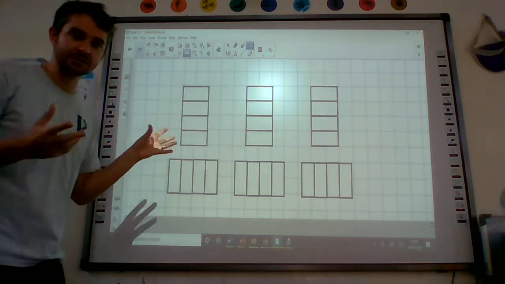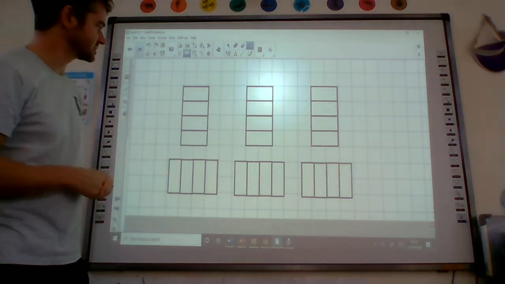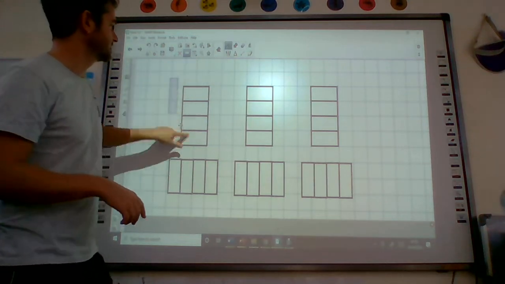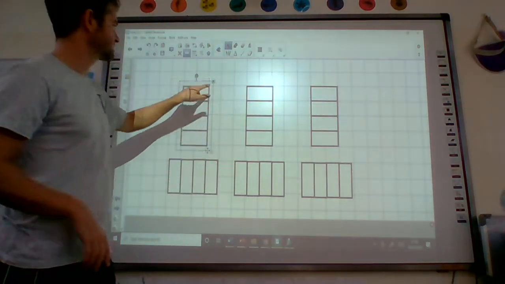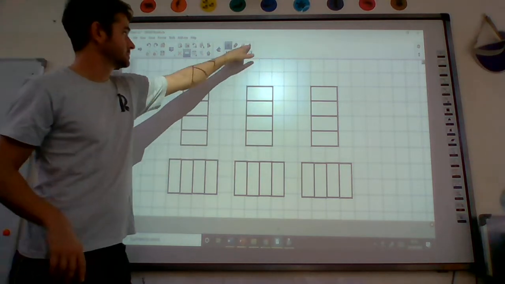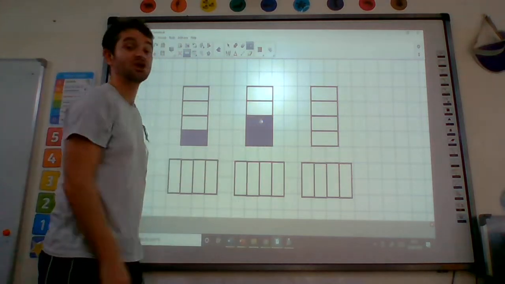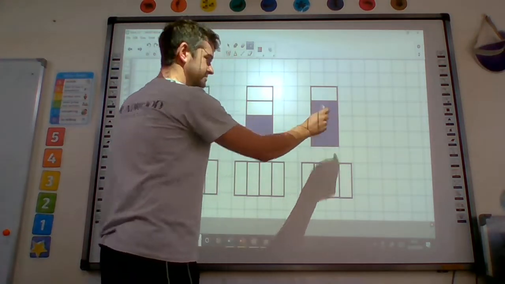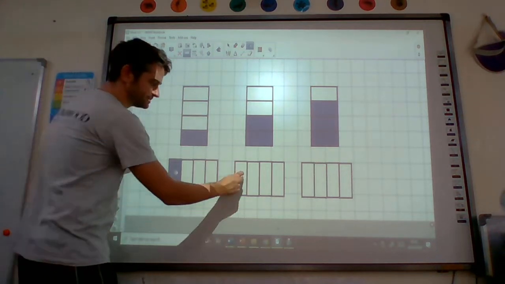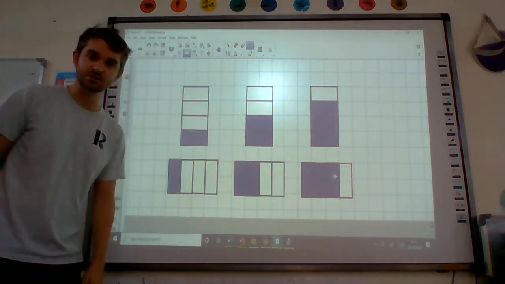Okay. It can look different with these shapes. 3 quarters. Oh dear. Only 1 quarter, 2 quarters, 3 quarters.